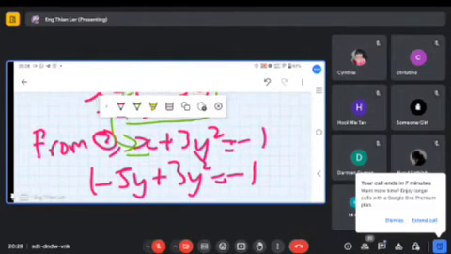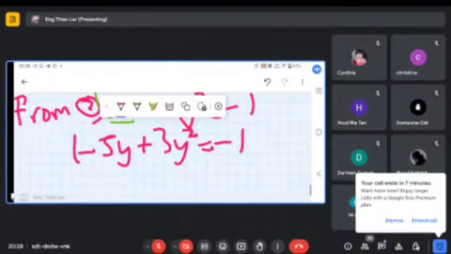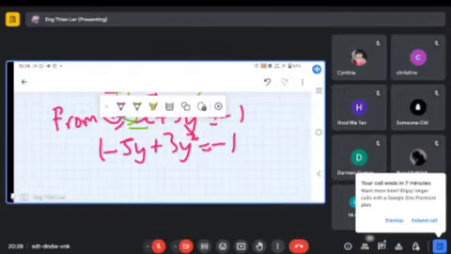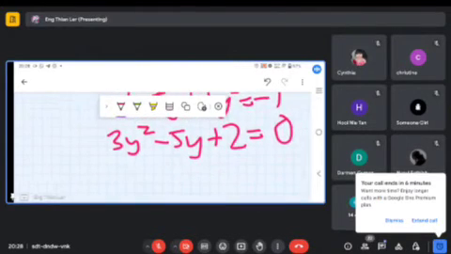This is a quadratic equation, so we need to make it a general form. We need the right side to equal 0, so we add 1 to both sides. If we rewrite, we get 3y squared minus 5y plus 2, since 1 plus 1 is 2, equal to 0. So we're going to solve this.